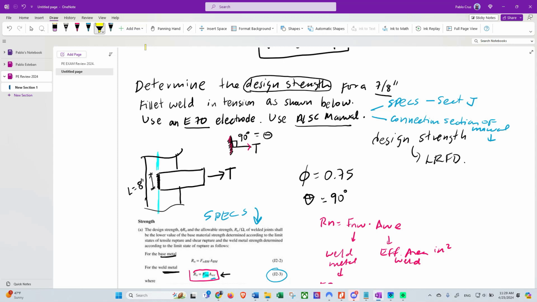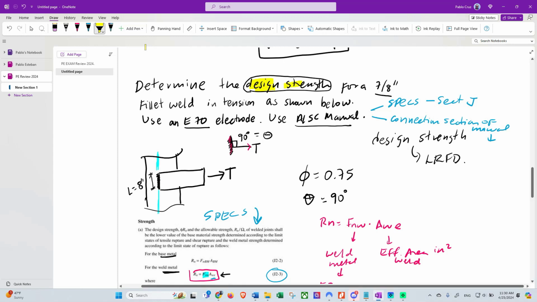So yeah, we have an element here. This is, let's say, a column or whatever vertical element it is, and it's connected to this other element. We don't have any information about those elements. We are only asked to determine the design strength of a proposed connection that is welded.